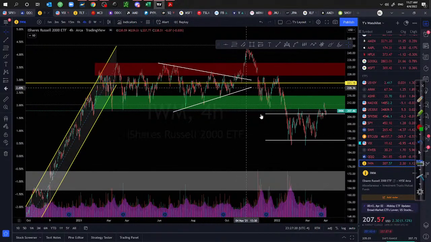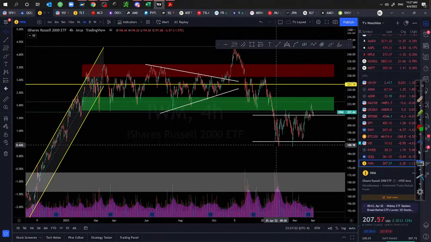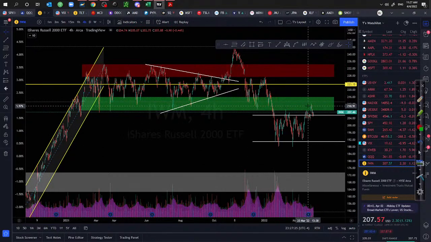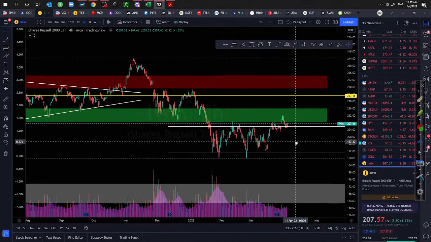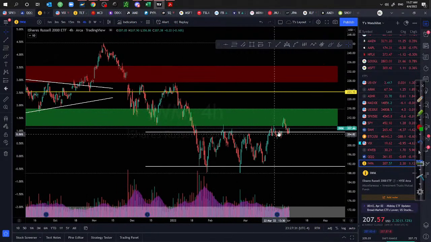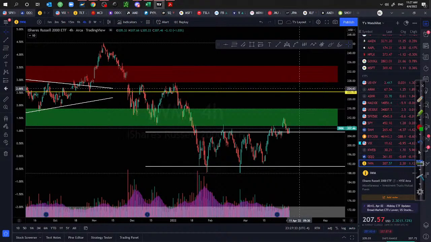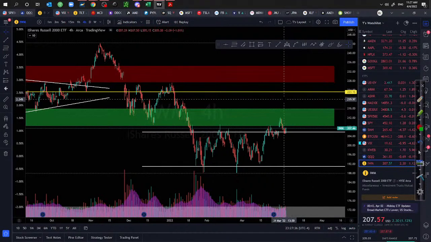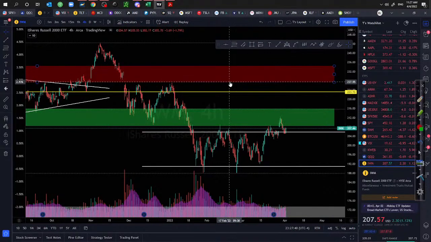We are in no man's land here on IWM. We broke below and then we rejected this week at the dual zone here. So I'm still of the inclination that Russell is leaning more bearish than it is bullish as of Friday. Okay. Will I be right? Probably not. But I'm just going off probability and statistics here.